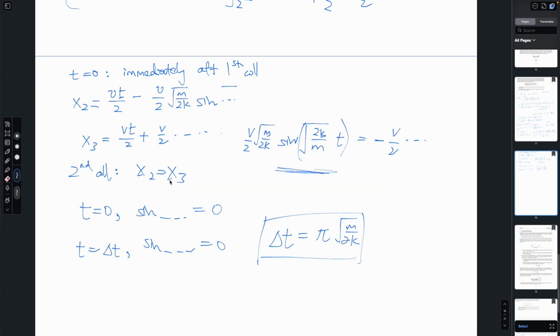So at t equals 0, you will start with together 2 and 3, and then at t equals this pi over square root m over 2k thing, you will be back together again. That part can?